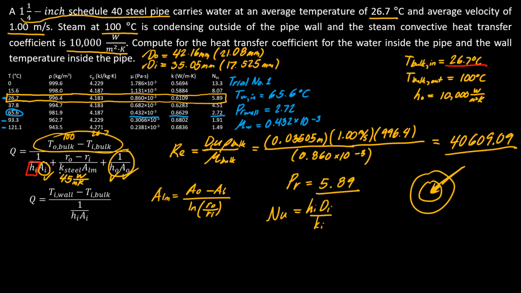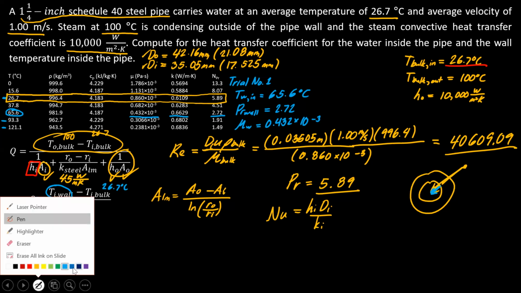So we can equate the Q for the entire heat transfer from the steam to the water to the Q that we will obtain on this part only, the convection here. The Q is equal throughout this process. So we can set T wall unknown. T bulk is just 26.7 degrees Celsius. For hi, we will use the hi that we will obtain from the Nusselt number.